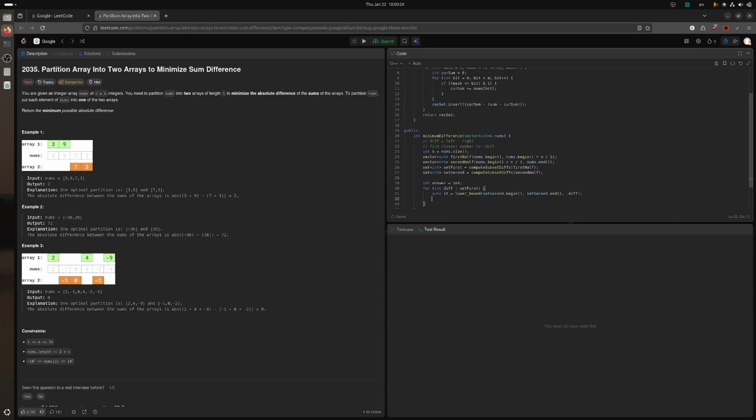So we found the closest one, or let's do upper bound. So we find the first largest one. Yeah, that's fair.